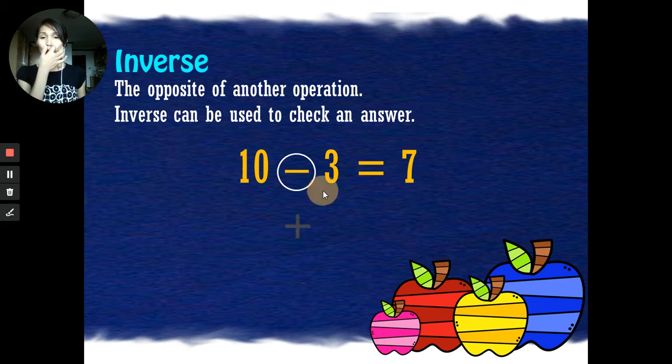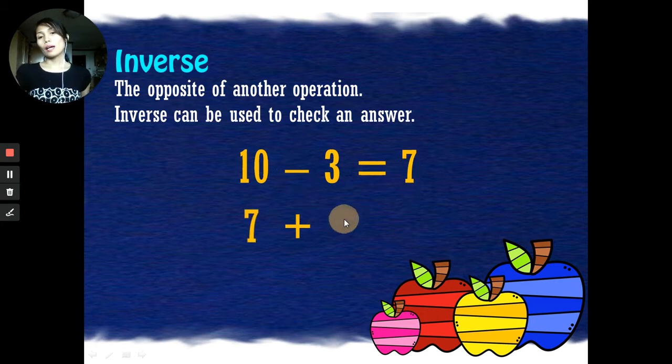How are you going to do that? Since plus, when we add our difference or the answer and the subtrahend, then that gets our minuend. Okay, so let's try. If we add the 7 and 3, 7 plus 3 equals 10.